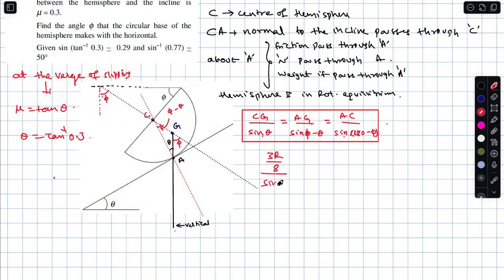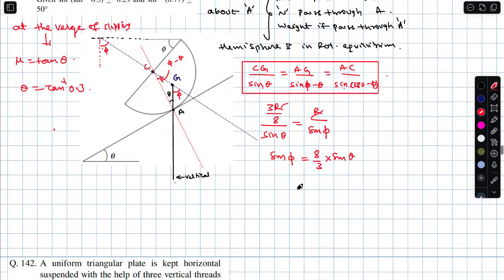3r/8 sin θ is equal to AC, r/sin 5. What you need is sin 5. Cancelling r, 8/3 times sin θ, 8/3 times sin of tan inverse mu.